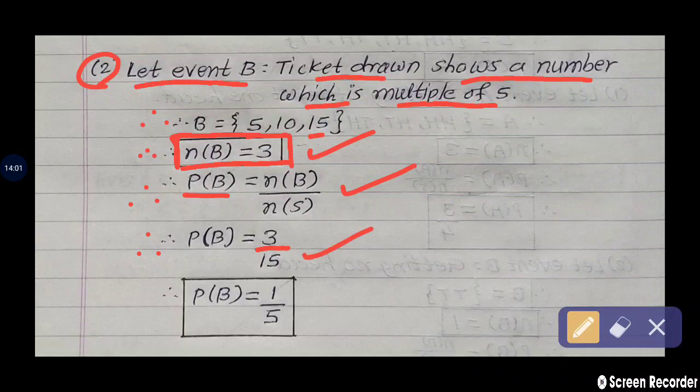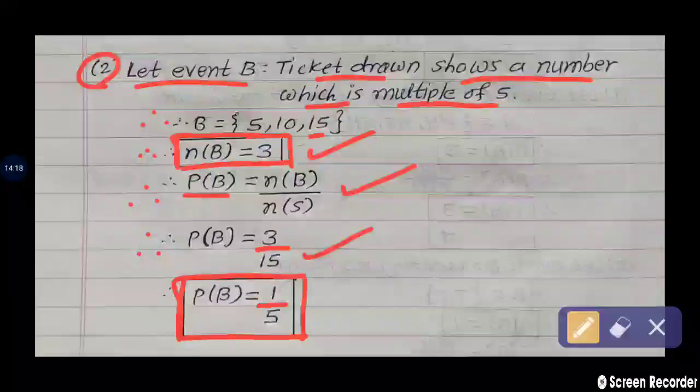So 3 upon 15. Now 3 and 15 are divisible by 3, so reduce this fraction: 3 ones are 3 and 3 fives are 15. So 1 upon 5 is the probability of the second event B. That is, the probability that the ticket drawn shows a multiple of 5 is 1 upon 5.